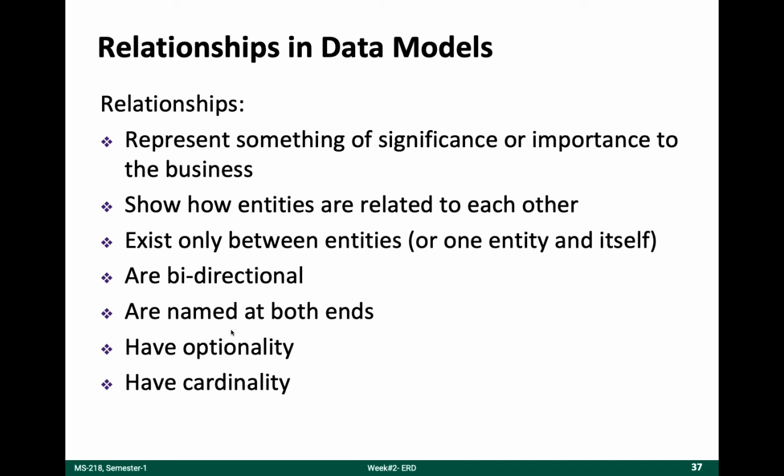Optionality is just that this relationship can exist between these two entities; if I say must exist, it means that it should exist. The second thing is cardinality: the relationship may or may not exist, but in quantity, how many instances could be related with the other entity?